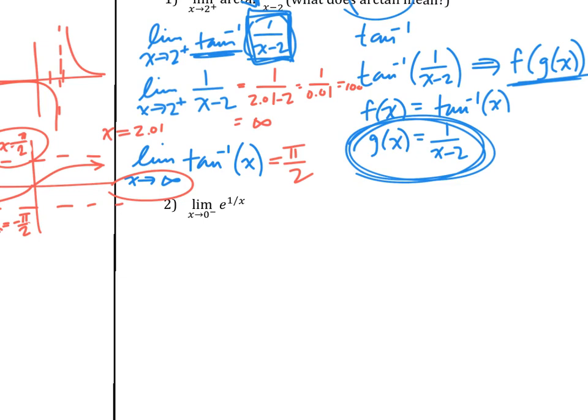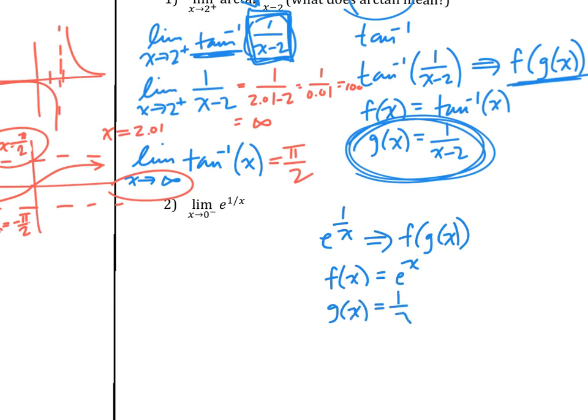Again, this function e to the 1 over x, you're going to think of it as a function within a function. The outer function is e to the x, and the inner function is 1 over x.